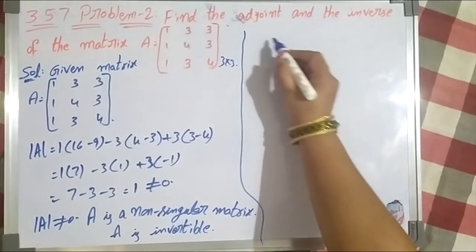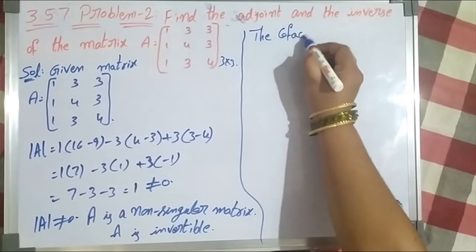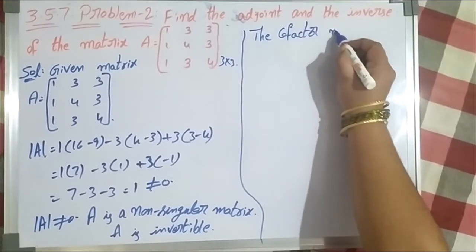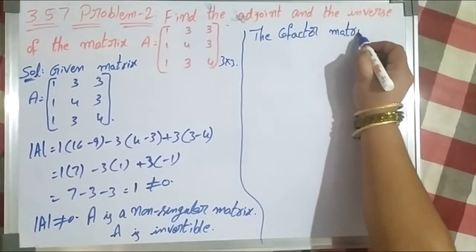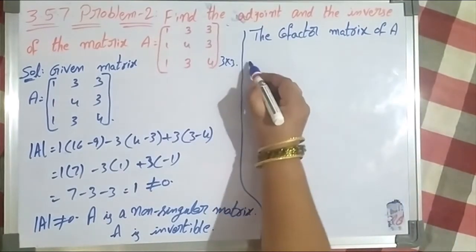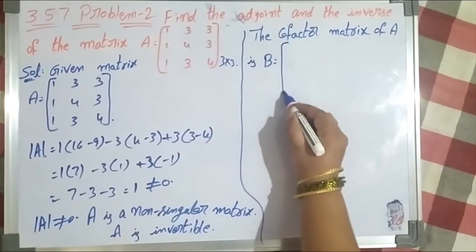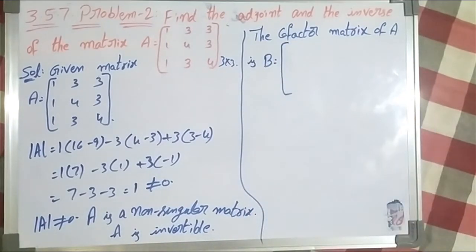Then the cofactor matrix of A, let it be B, is equal to, we know how to find the cofactor matrix, the formula is minus 1 whole power i plus j into the minor of the given element.